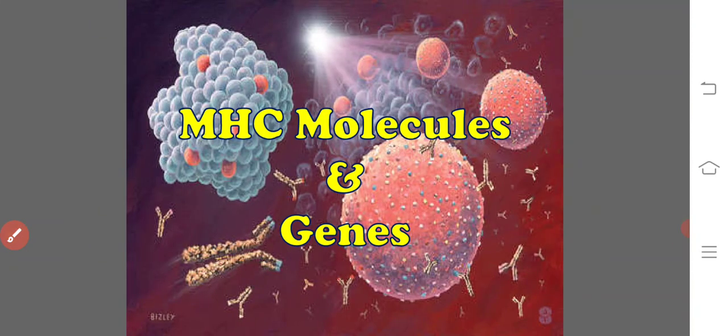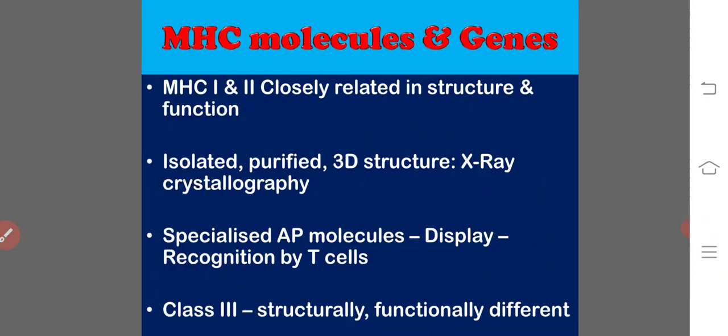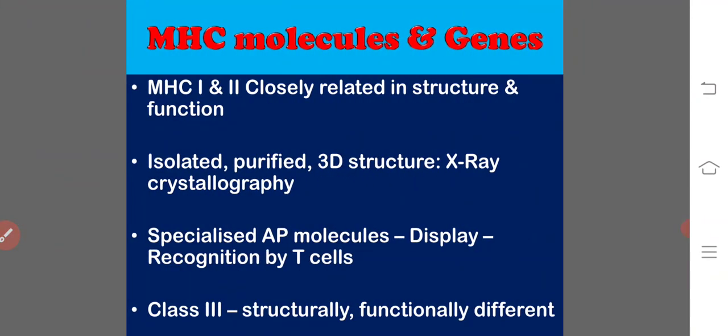And let us see the MHC molecules and their respective genes. Class I and Class II MHC molecules are membrane-bound glycoproteins that are closely related in both structure and function.